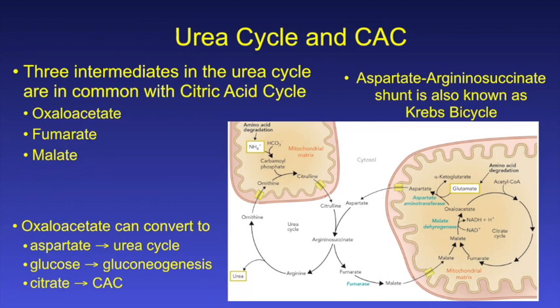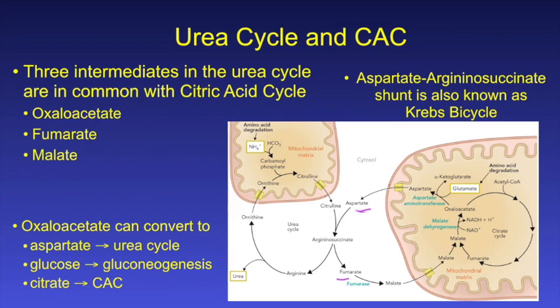Now, there's what's called the urea and citric acid cycle bicycle. Ooh, that was creative. Okay. Well, what in the world is the bicycle? Well, one of the reactants is aspartate. And one of the products is fumarate.